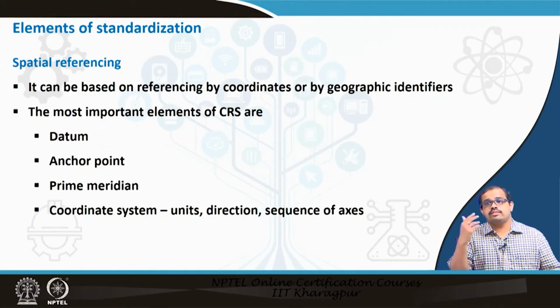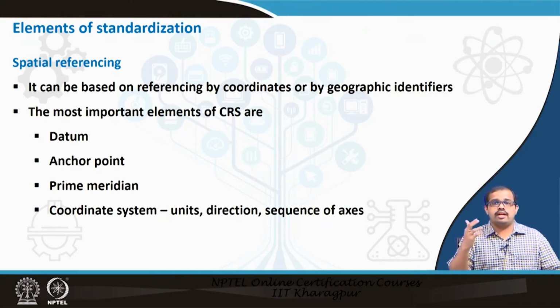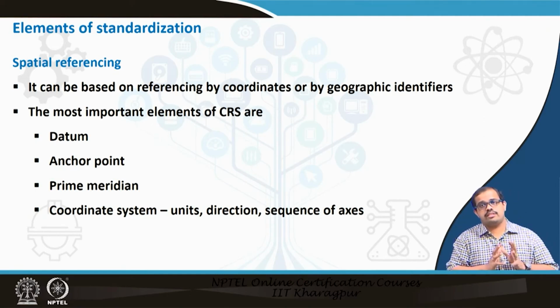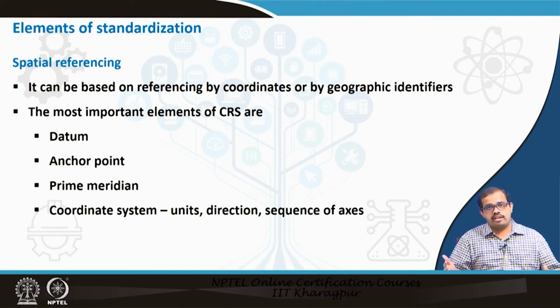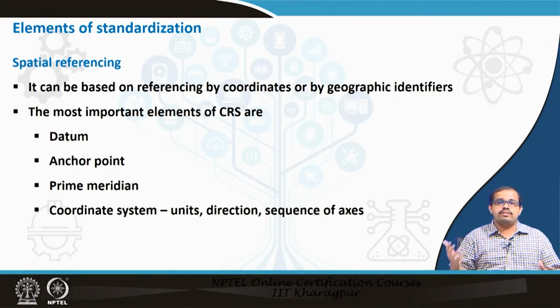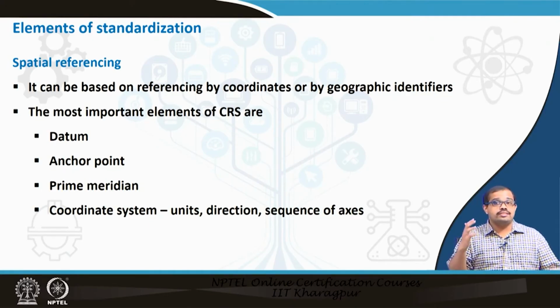Then there is spatial referencing. We have already spoken about this, maybe in the 5th week of the course. Whenever you are looking at spatial referencing, please keep in mind, don't use different systems of referencing, because you will not be able to match the data that you have already generated.